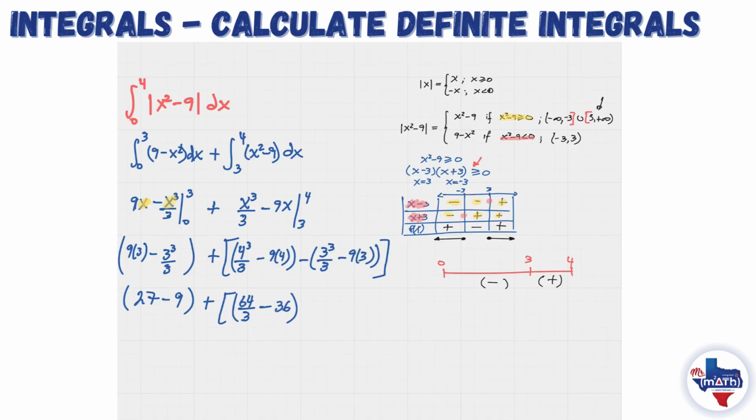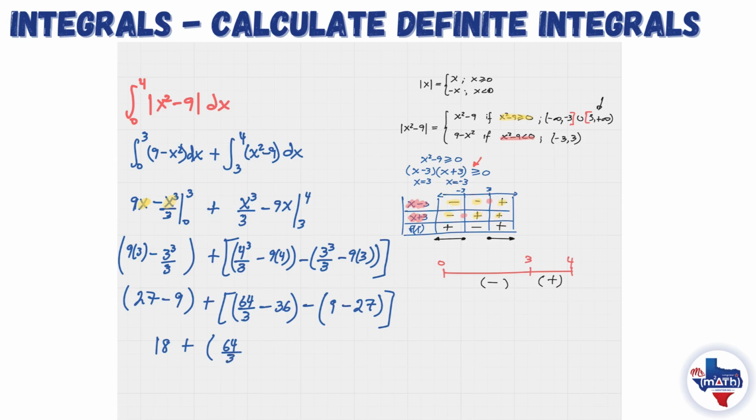Remember that this will be minus 3 times 3 is 9, 9 times 3 is 27 divided by 3, there should be 9 only, minus 9 times 3 is 27. Okay, 27 minus 9, that should be 18, plus, I'm going to leave this open here so we have a better answer at the end, 64 over 3.